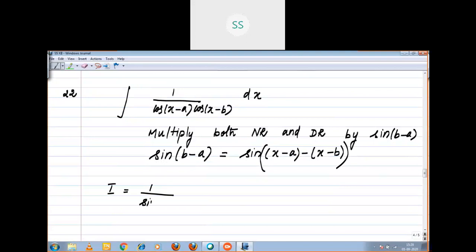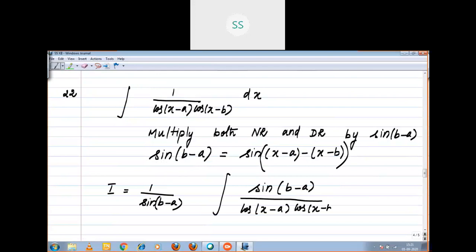So 1 by sine b minus a, integral of sine b minus a divided by cos of x minus a into cos of x minus b dx.